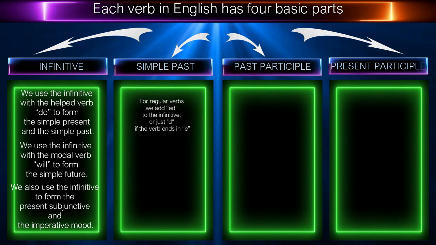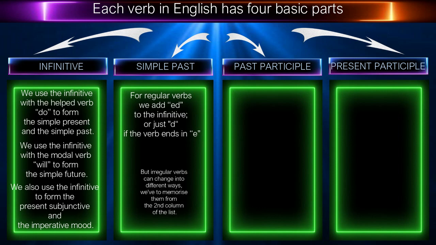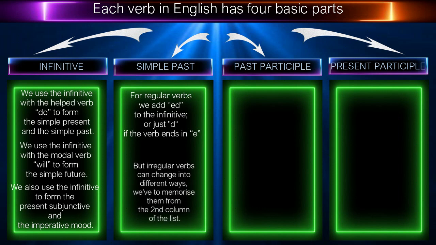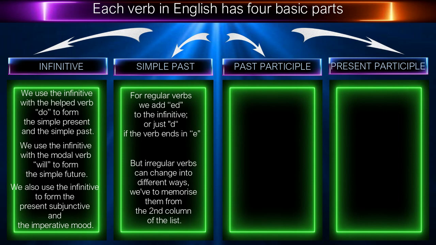For regular verbs, we add ed to the infinitive, or just d if the verb ends in e. But irregular verbs can change in different ways. We have to memorize them from the second column of the list.